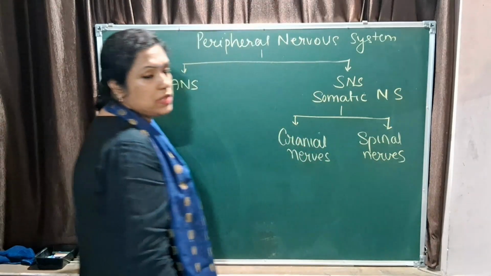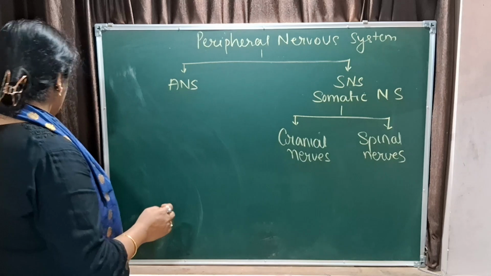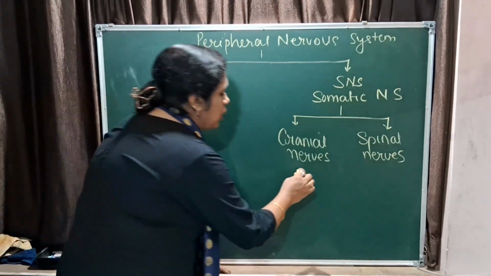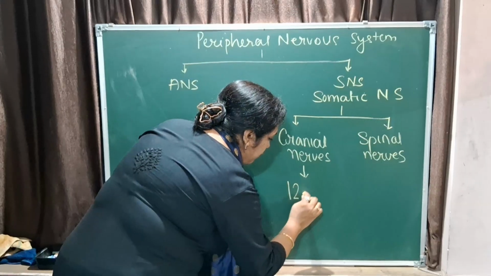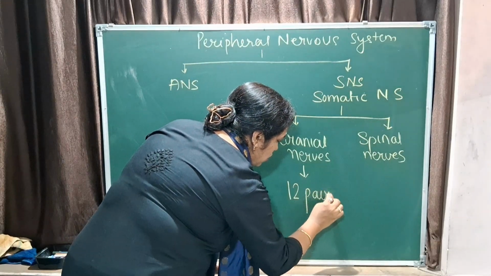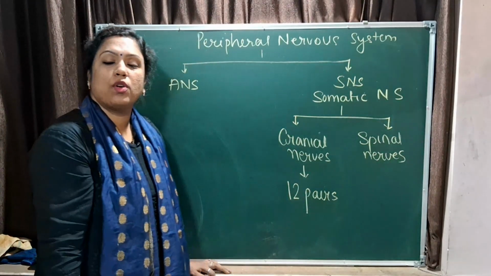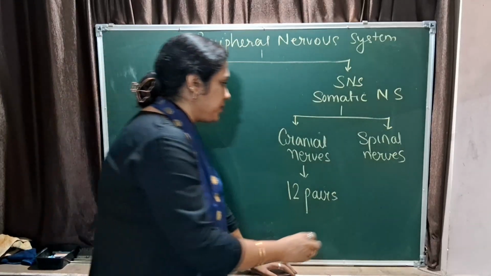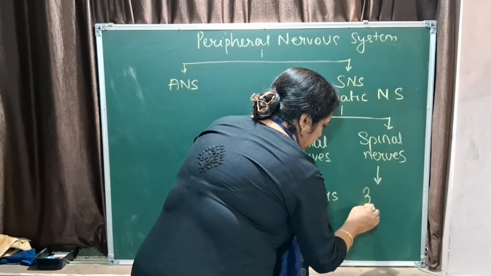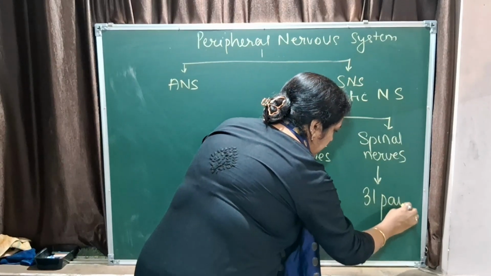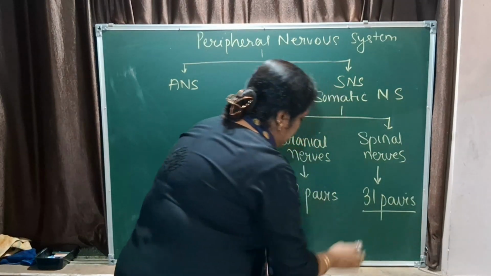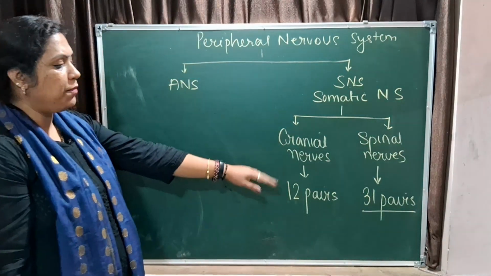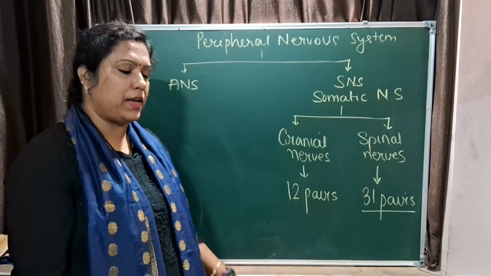In exam, the question is asked to differentiate between cranial nerves and spinal nerves on the basis of the number. So there are 12 pairs. Please do not write 24 or 12. You have to write 12 pairs. And spinal nerve is 31 pairs. 12 pairs and 31 pairs.